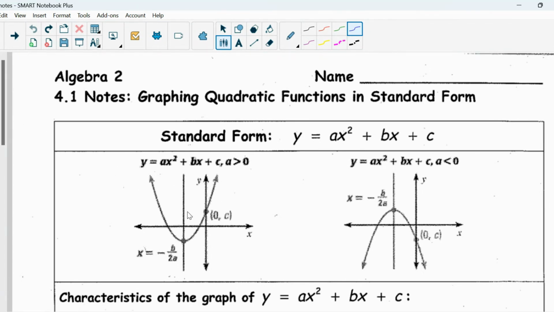So here you can see our first graph on the left is when a is greater than 0. So when you have a positive a value, your parabola, or graph of the quadratic, will look something like this. Where if you have a negative a value, when a is less than 0, your quadratic graph will look something like this.